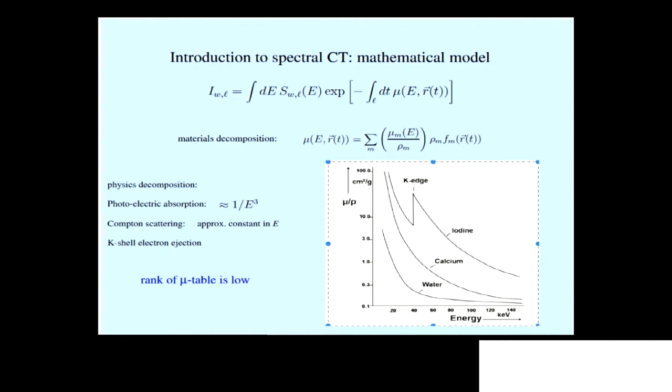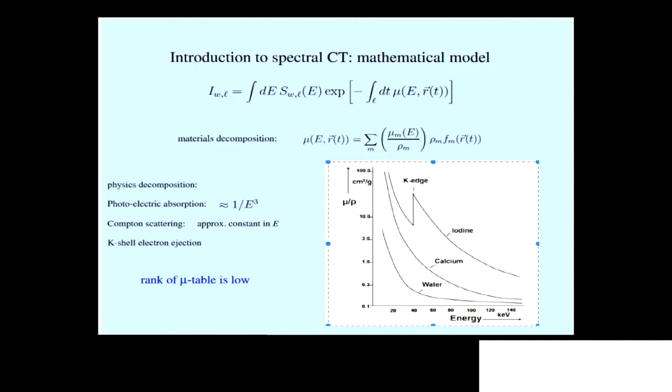But there's a huge simplification that you can do. We know that the subjects that we're scanning are composed of a finite number of materials. So you can do a materials expansion. The materials expansion will then allow you to separate the energy dependence from the spatial dependence.